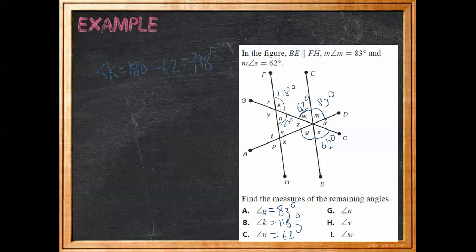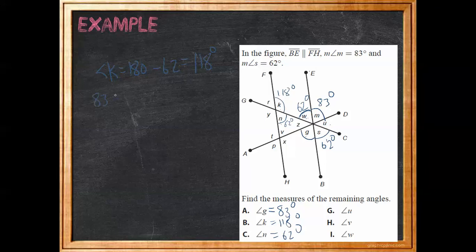Now, angle U, if you notice, is forming more of a triangle. So this one, we're not really going to be able to use any of the alternate interior or alternate exterior angles. If we look here, we have angle M and angle S, 83 and 62. So we know that 83 plus 62 plus the measure of angle U has to equal 180.